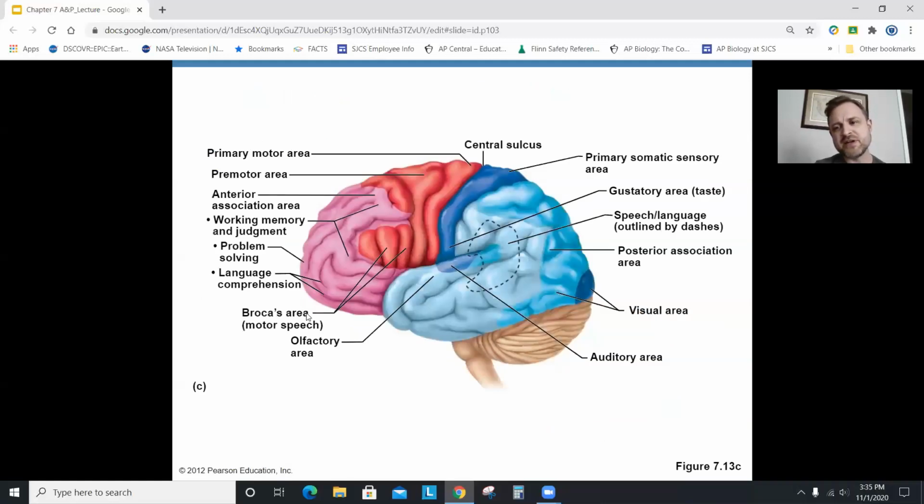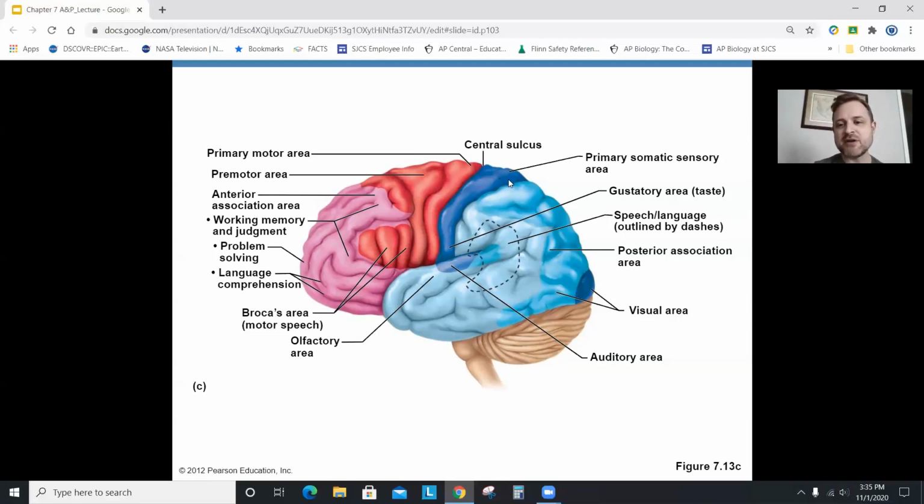So we've seen a picture like this just a few minutes ago. We're not going to go into that much detail on the regions of the brain and what they do, but it's worth pointing out. If you look here at the central sulcus, in front of it you have what's called the primary motor area. Motor would be the parts of your brain that send signals, say to your lungs or to your glands.